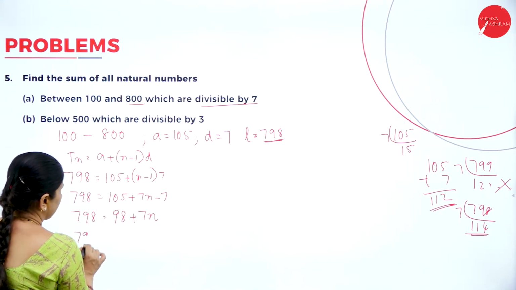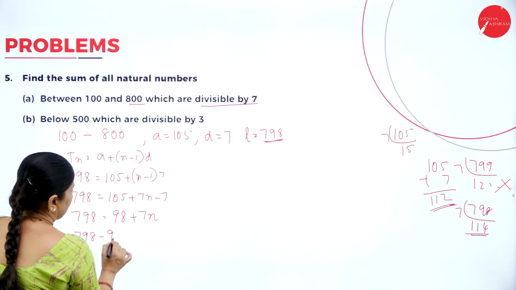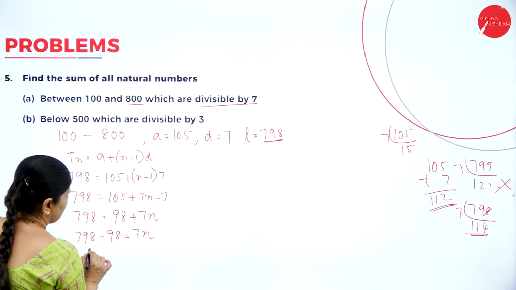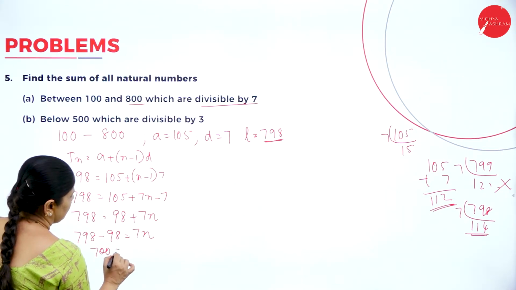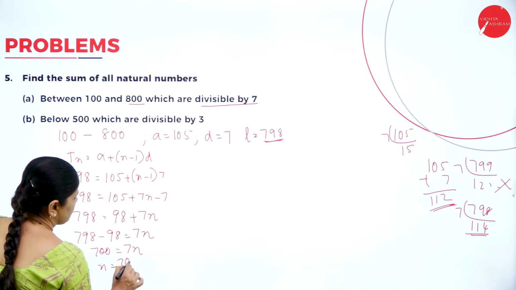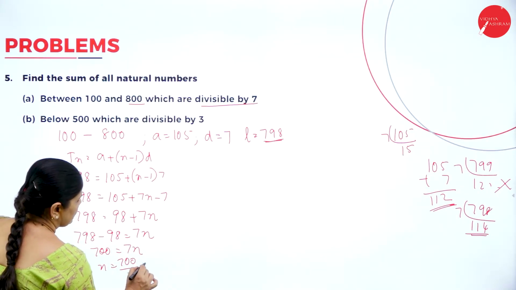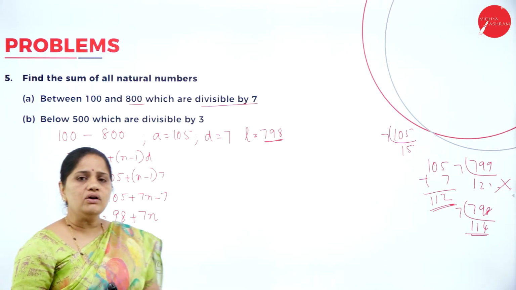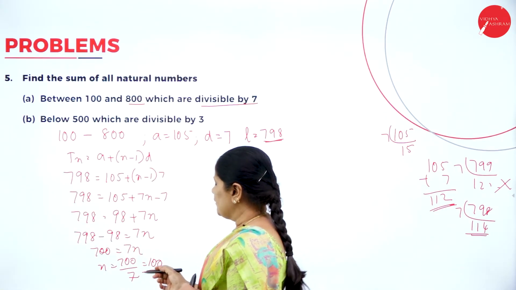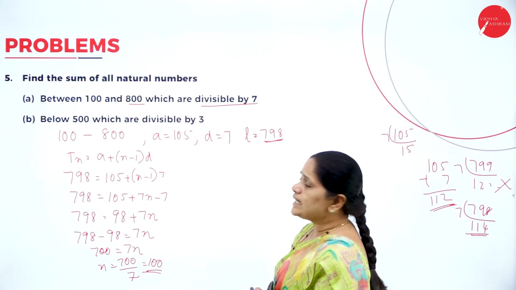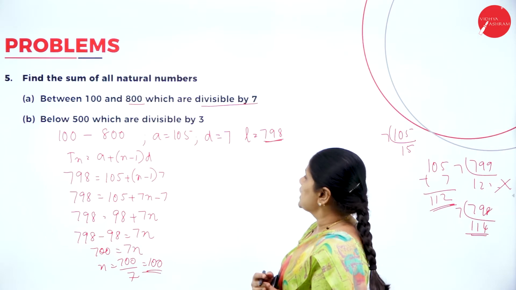So 798 minus 98 equals 7n. 700 equals 7n. n equals 700 by 7, that is 100. So it is the 100th term of this progression.